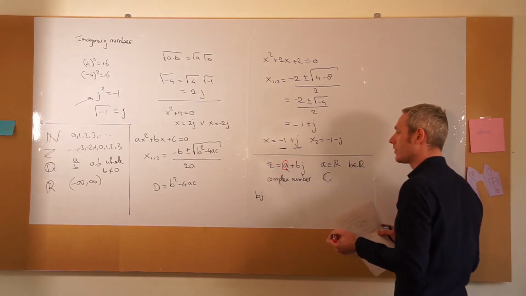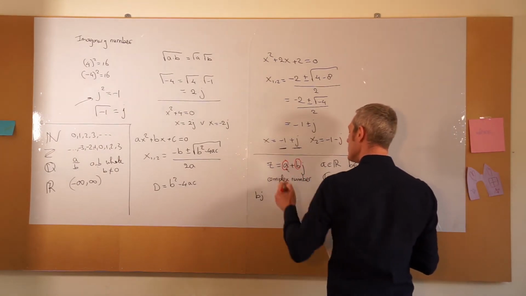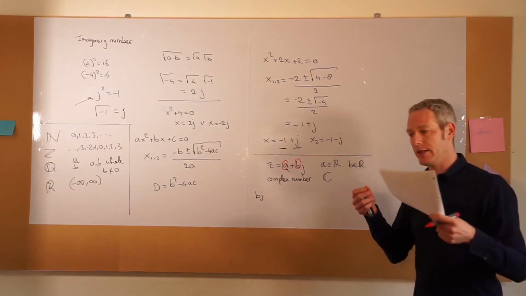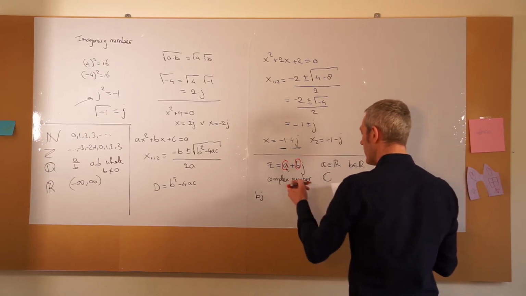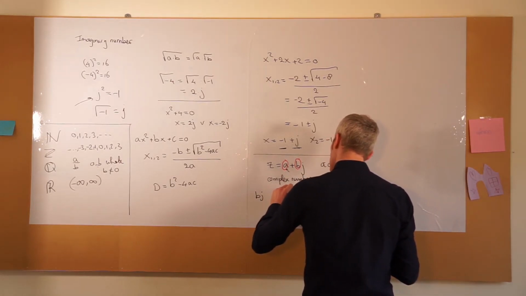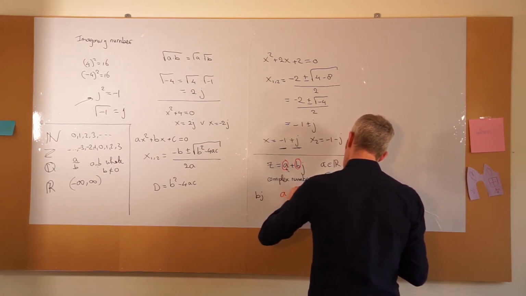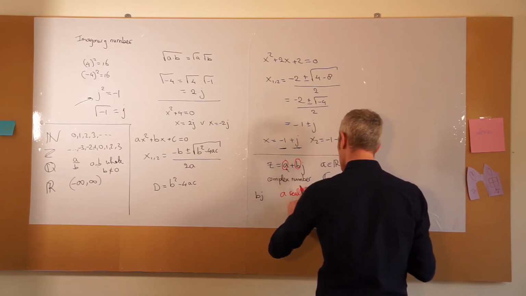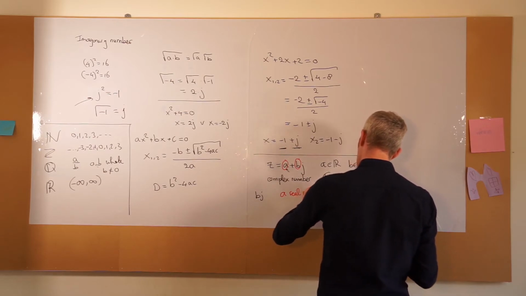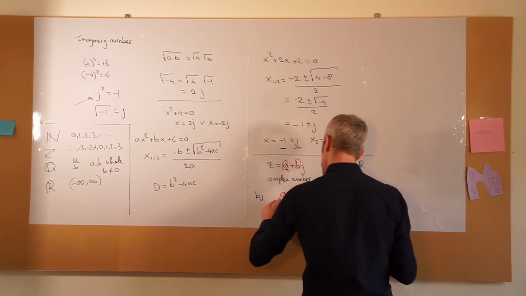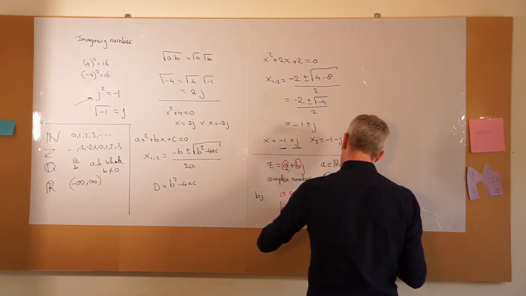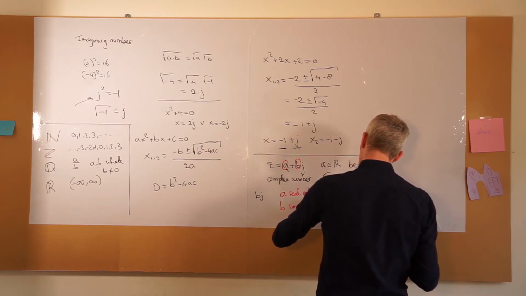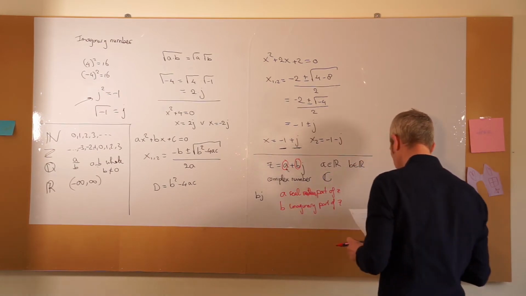Now, this complex number has two parts: the real part of the number and the imaginary part of the number. And note that the real and imaginary parts are only these two coefficients. So a is the real part of z, and b is the imaginary part of z.